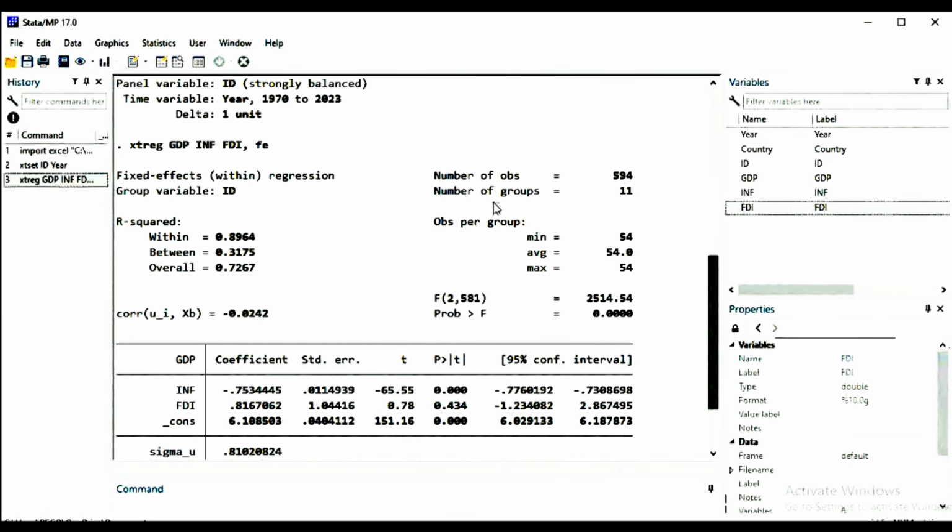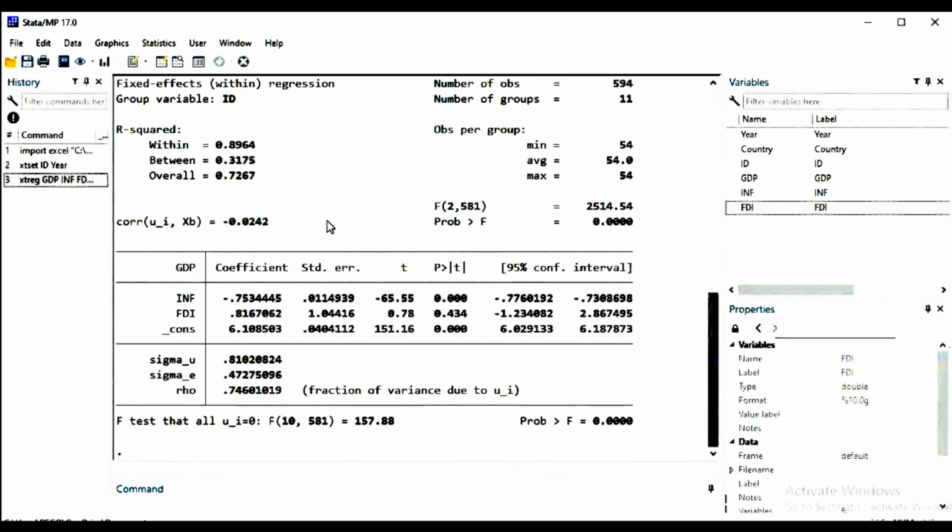The number of observations is 594, which is n times t, where n is the number of cross-sectional units, that is 11, times the time span, that is the time range. Each country is observed for 54 years, that is from 1970 to 2023. So 54 times 11 is exactly 594.